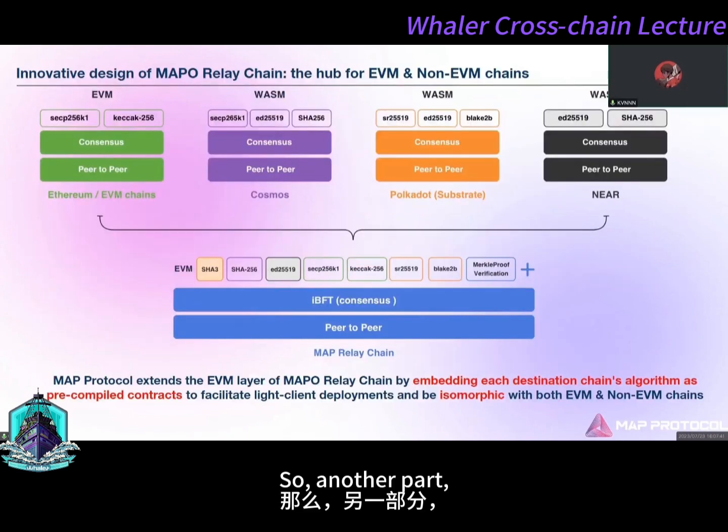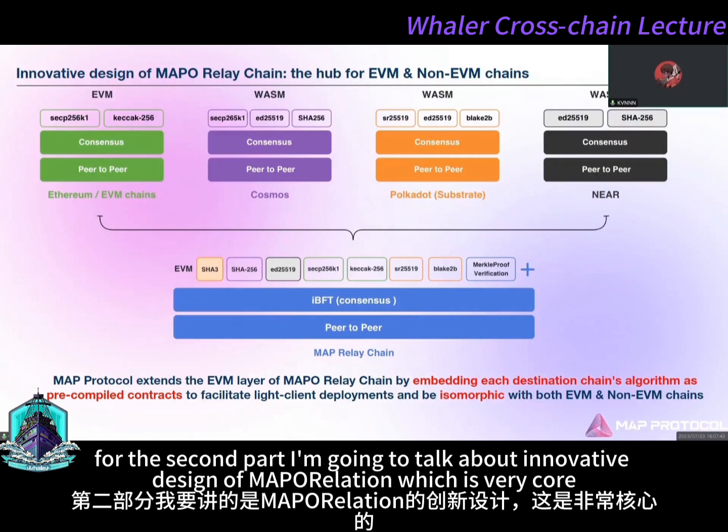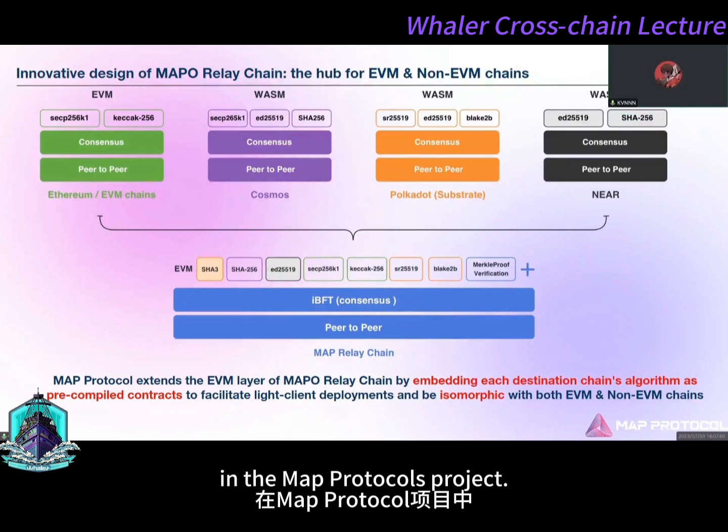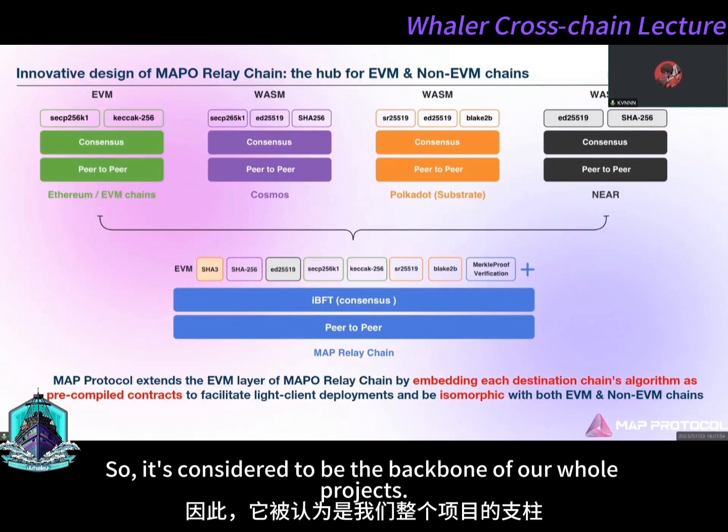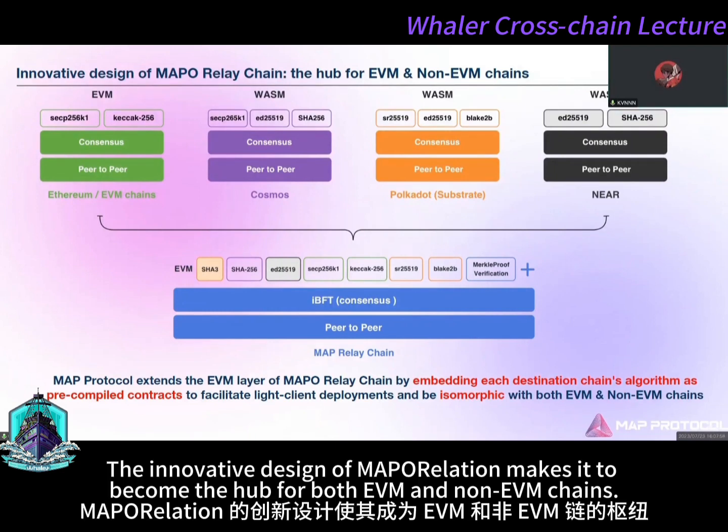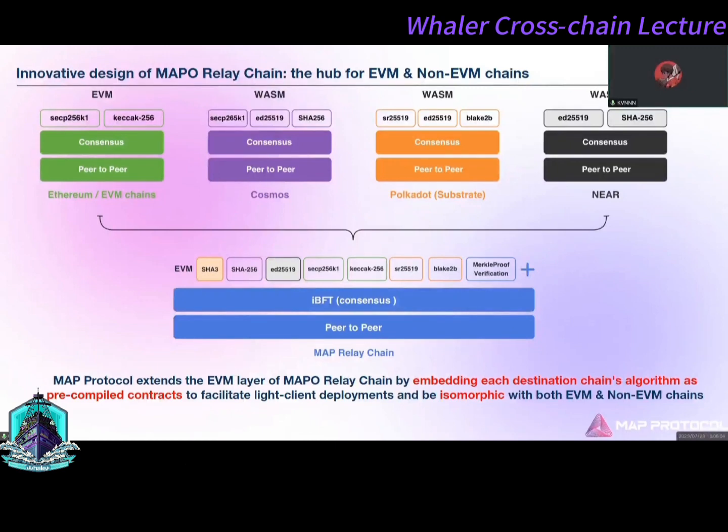For the second part, I'm going to talk about the innovative design of the MAPO relay chain, which is very core in the Map Protocol project. It's considered to be the backbone of our whole project. The innovative design of the MAPO relay chain makes it the hub for both EVM and non-EVM chains.